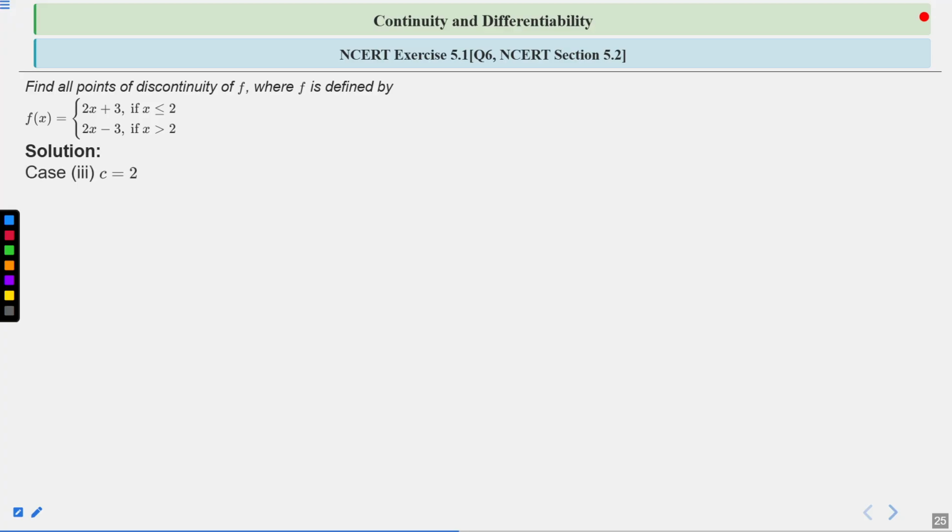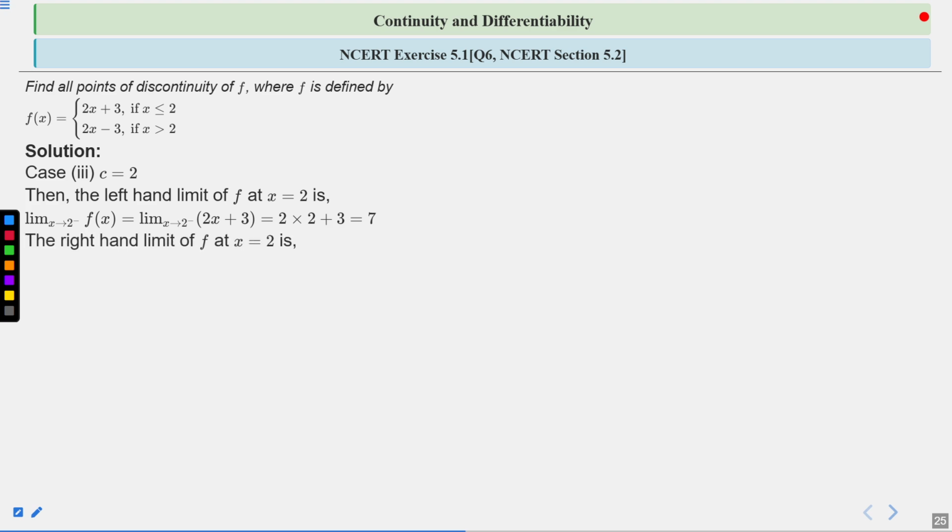Now, let us check case 3 when c is equal to 2. Then the left hand limit of f at x equal to 2, the limit as x tends to 2 from the left of f(x), will be equal to the limit as x tends to 2 from the left of 2x plus 3, which is equal to 2 into 2 plus 3, which will be equal to 7.